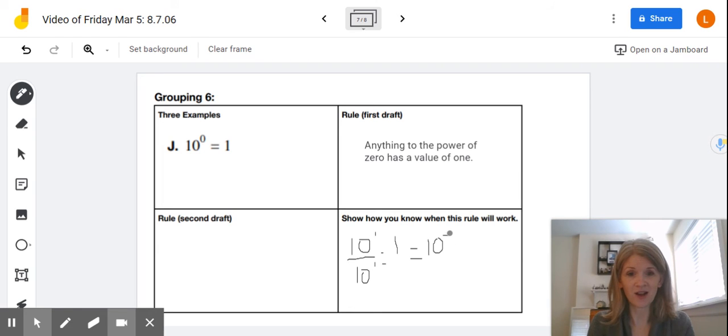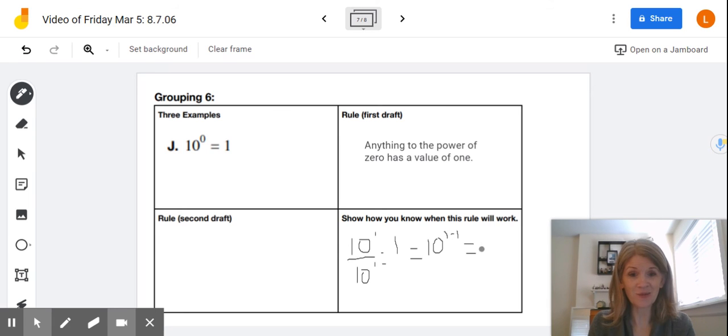I want to write 1 minus 1 up here. So when we are doing division with exponents, we can keep the base the same and subtract the exponents, right? That's also true. So this can be rewritten as 10 to the power of 1 minus 1.